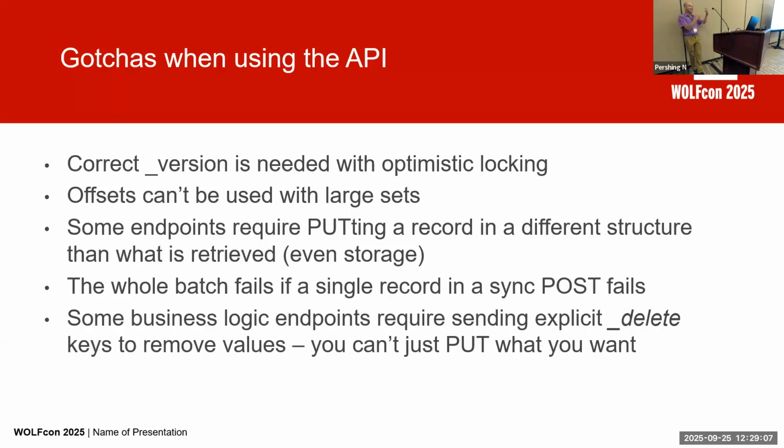You actually have to send delete keys to remove some objects, and I think addresses are like that, or there's a few things like that. So if you find yourself modifying records where you change the record and it doesn't seem to change, and you get no errors, check the documentation and make sure you're not dealing with one of those situations.